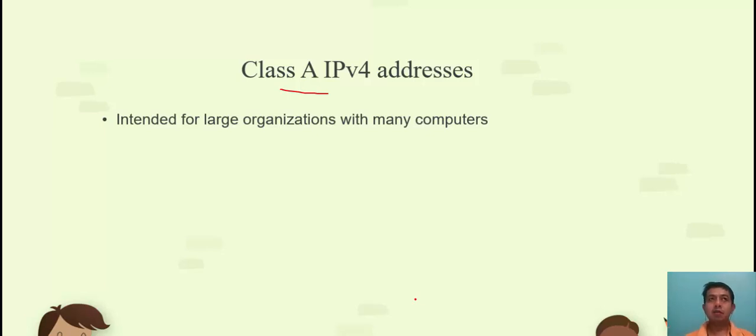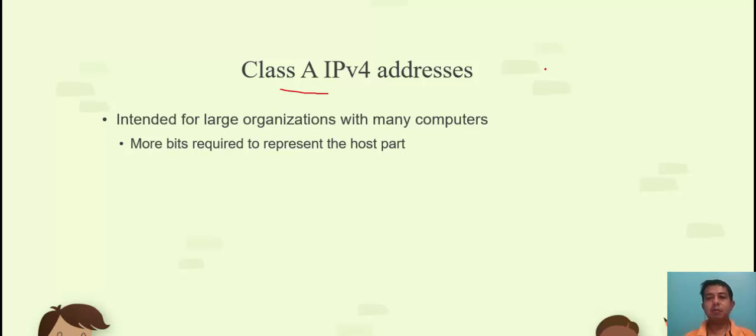So what is the structure of a large organization? What is the identification of a large organization, or what is its requirement? The requirement is that there will be many hosts, many computers, in a large organization. So class A addresses were used for large organizations. Because they will be using more computers, more bits are required for the host part. What does it mean?